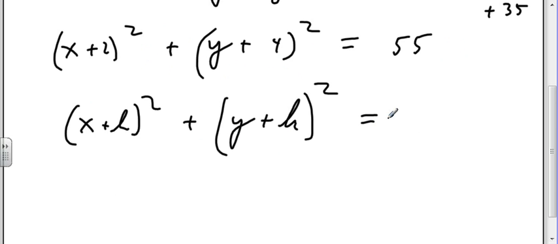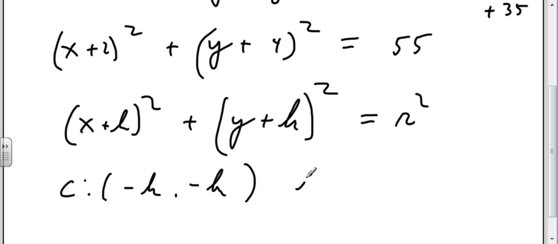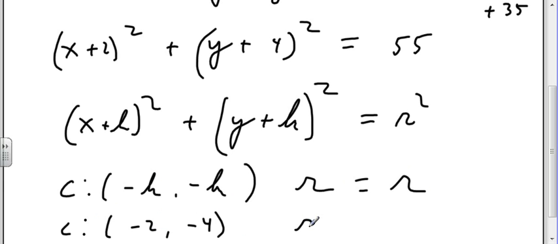The center is going to be at minus h, minus k, and the radius is going to be r. So in this particular case, the center of this circle is at minus 2, minus 4, and the radius of the circle is the square root of 55.